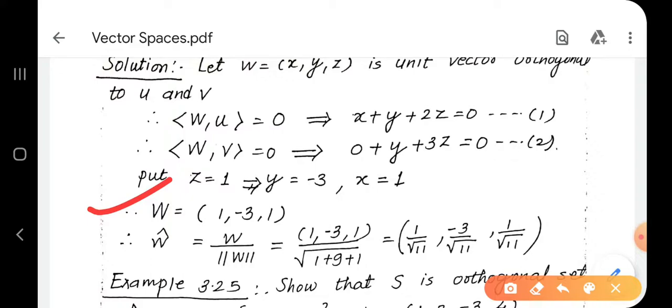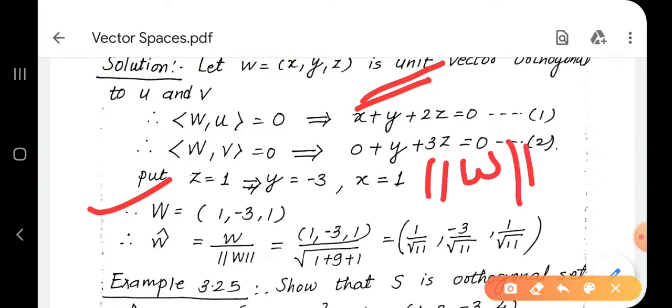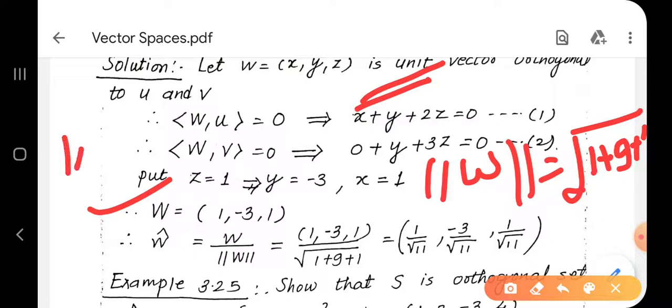Okay. Now I have to check the unit vector. Unit means its norm is 1. So find the norm of this vector. Norm of w is under root of 1 square is 1, minus 3 square is 9 and 1 square is 1. So the norm is root 11. To make it an orthonormal vector, divide by its norm.